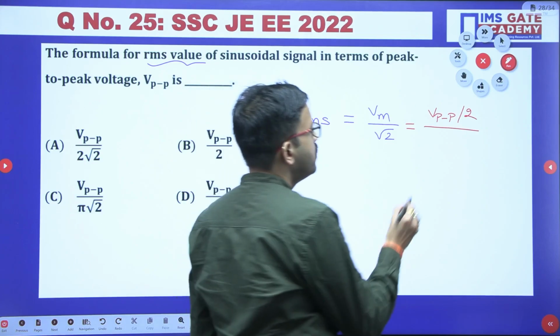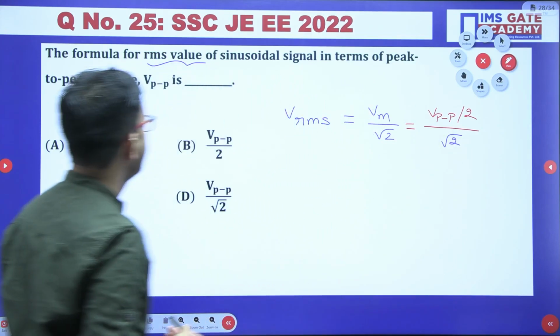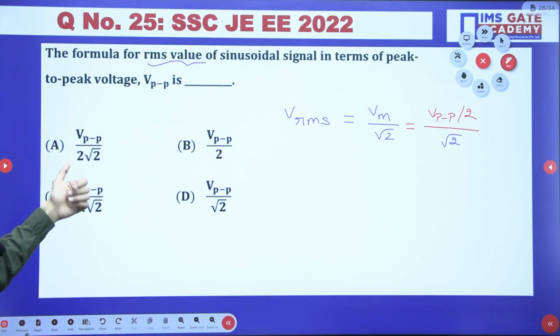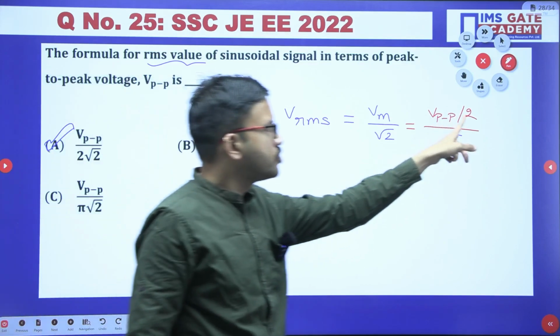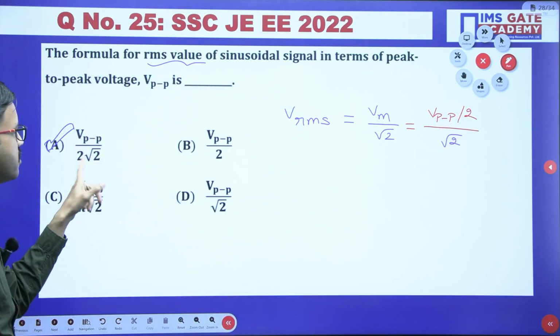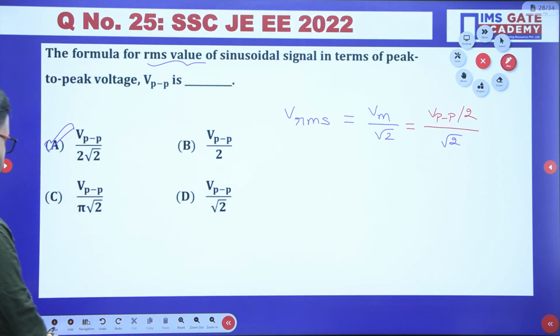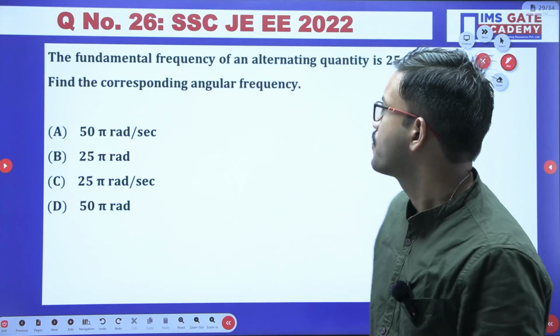Divided by root 2 as it is. So from here what you are getting? V peak to peak divided by 2 root 2. Option A is the correct one. This 2 and root 2 both are in the denominator. You can multiply. V peak to peak divided by 2 root 2. Next question. This is also an easy question.